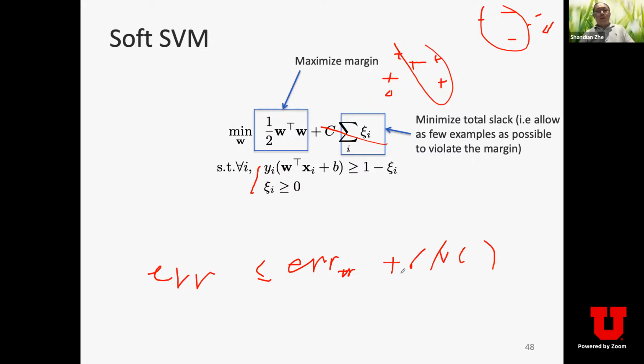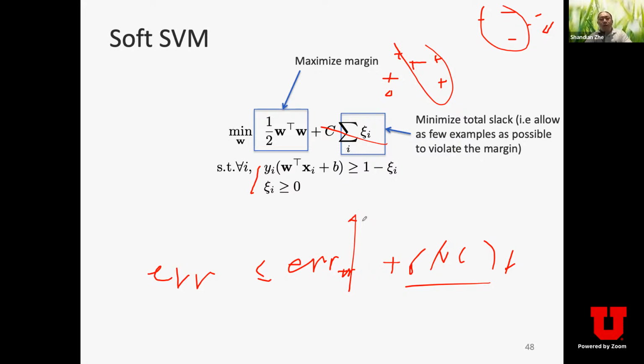So it's a trade-off between the training error and the VC dimension. It's not solely dependent on the VC dimension. If you minimize the VC dimension by maximizing the margin, of course you can make this term as small as possible. But if in the meantime you drastically increase the training error, the overall generalization error estimate is still not good.